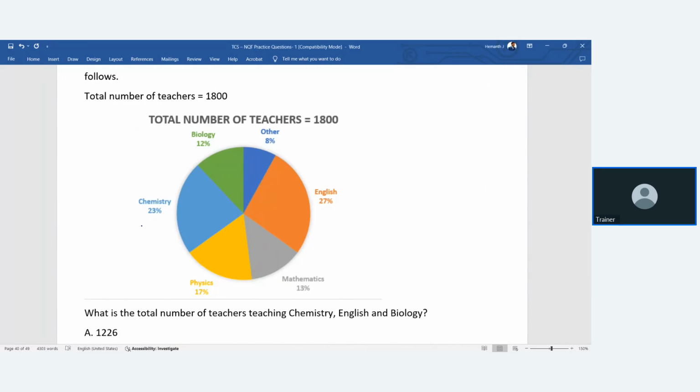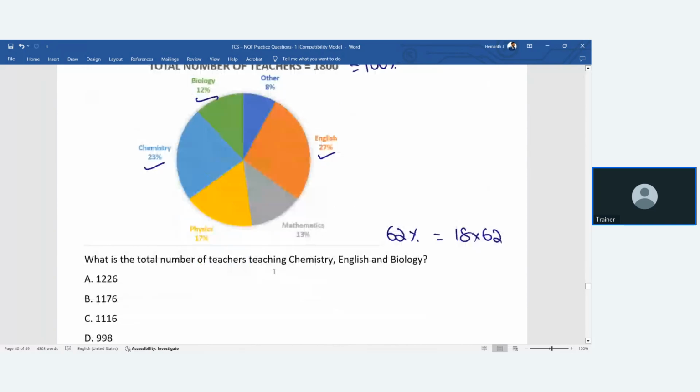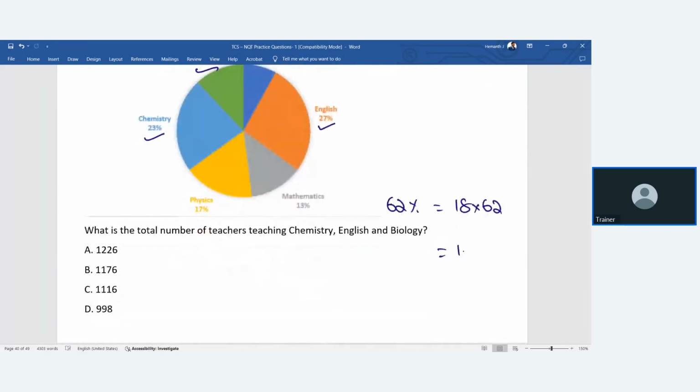Chemistry 23, English 27, 50, 62% is what? 100% is 18, so 62% is what? Means 18 into 62, we have to end with 6. There are many options ending with 6 here. Calculate 1080 plus 36. So this will be your answer.